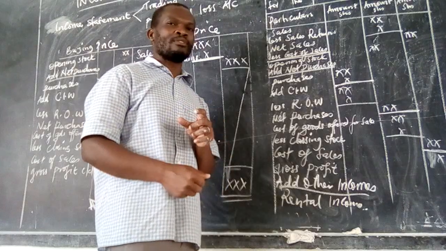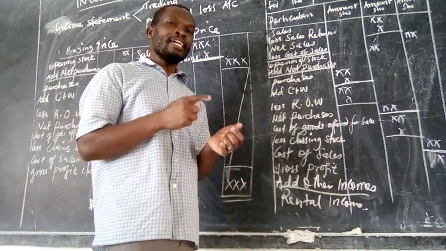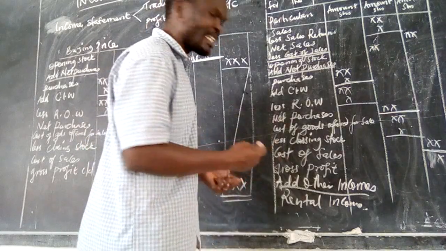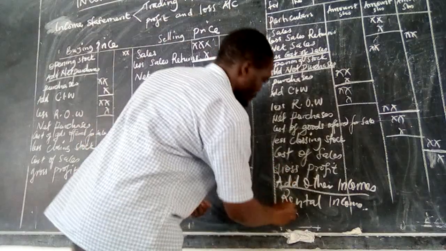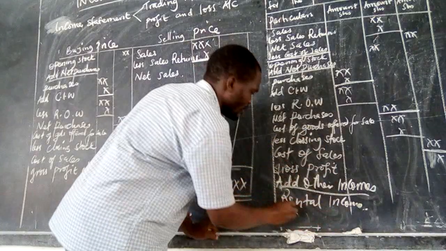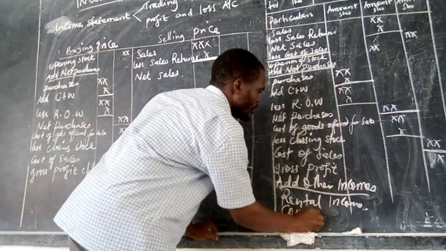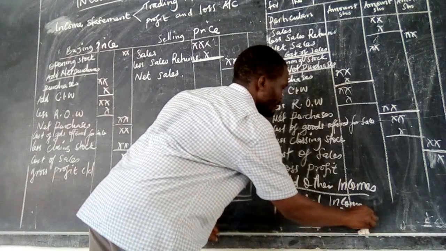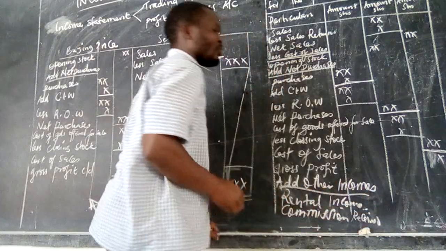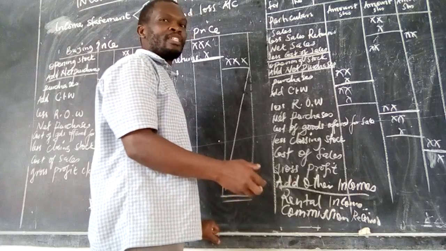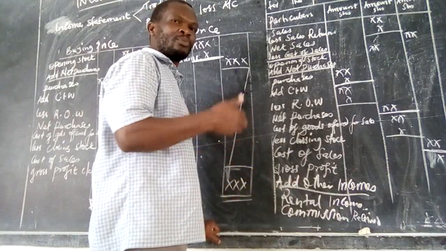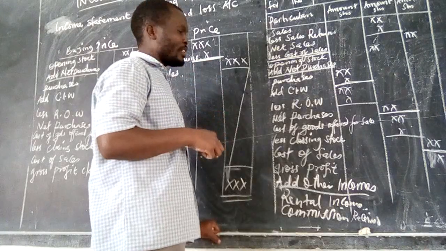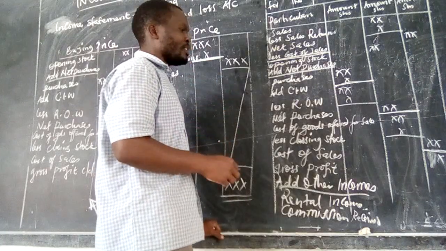This is a guideline: the income has to be received or earned. For example, you can have discount received or commission received. The word received guides a lot. If it is rent received or discount received, it communicates that this was income to the business and was received.